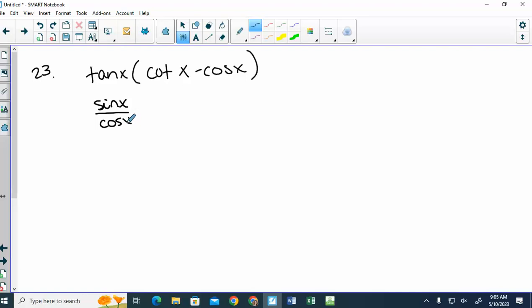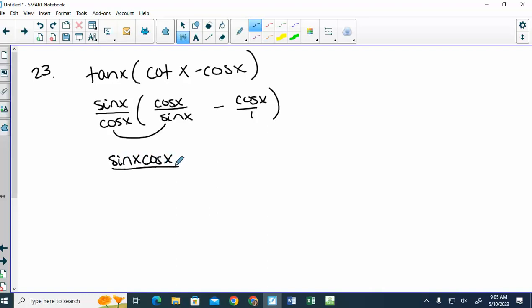Cotangent is cosine over sine. And then we could put cosine x as cosine x over 1. So if you multiply this first one, you get sine x cosine x over the denominator, which is also sine x cosine x. This one, you get sine x cosine x over 1 times cosine x, which is cosine x.